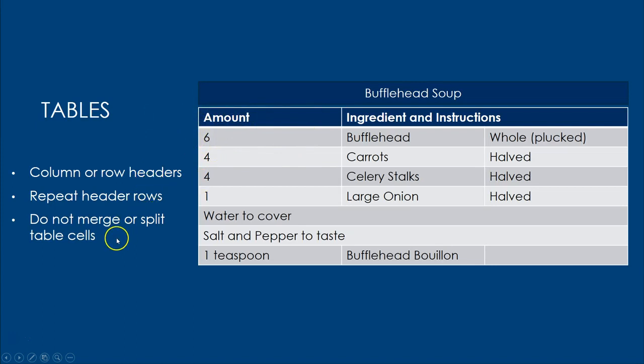And if at all possible, do not merge or split cells or tables, because in a situation like here, if a screen reader goes through, the information is no longer consistent. There's not a consistent pattern for the screen reader to feed that information back. So those are just a few things you may or may not be aware of.